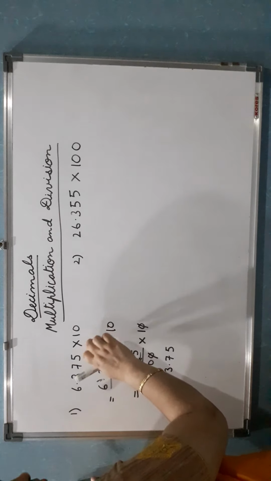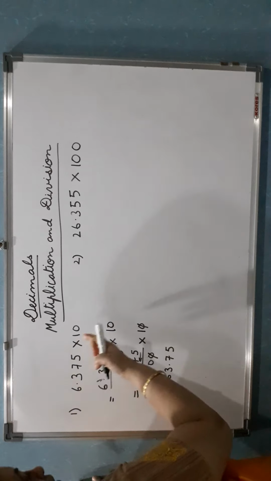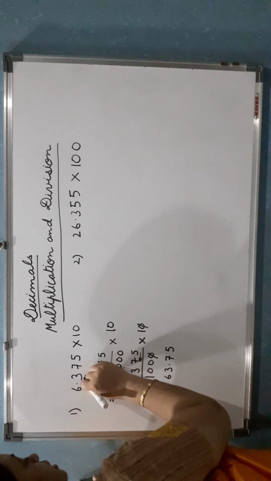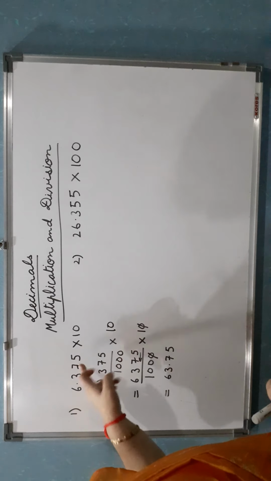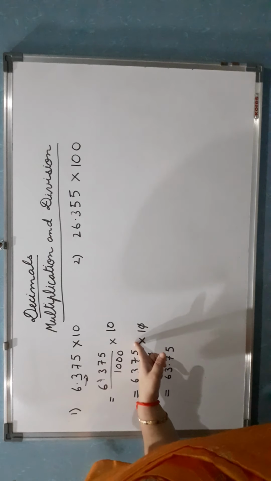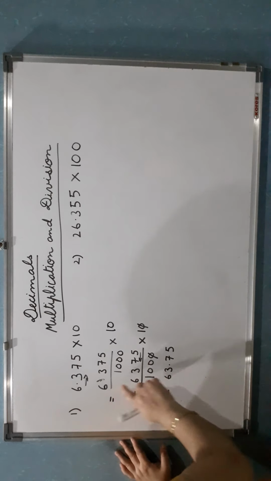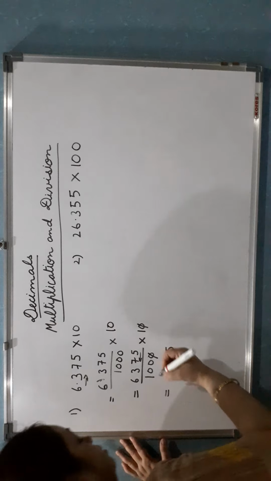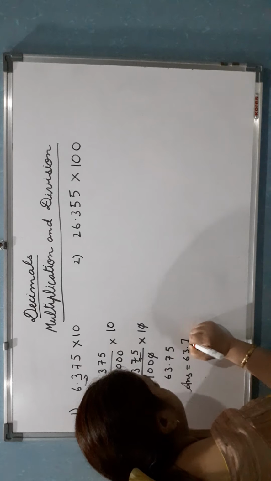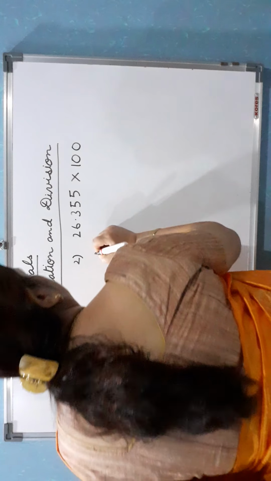So if there is a multiplication sign, अगर multiplication sign है और 10 है तो point एक नंबर के पीछे आएगा from left to right. ठीक है ना, यहाँ से यहाँ आएगा. ये multiplication में होगा और division में right to left होगा point. तो ये चीज़ याद रखना है और ये कैसे होता है ये करके भी दिखाया है हमने, ठीक है ना. So answer equal to 63.75.